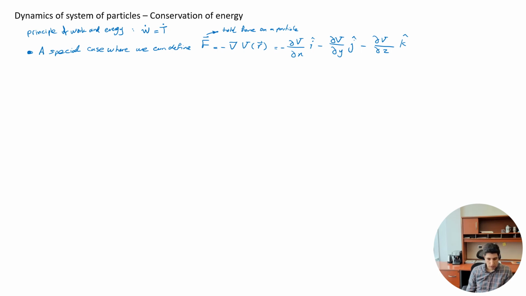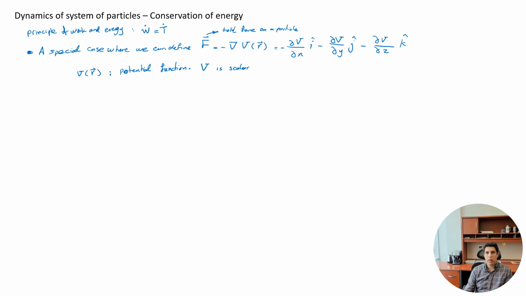This v, which is a function of position, and this is important, it has to be only a function of position, is called a potential function. And it is a scalar. So v is not a vector, v is a scalar.